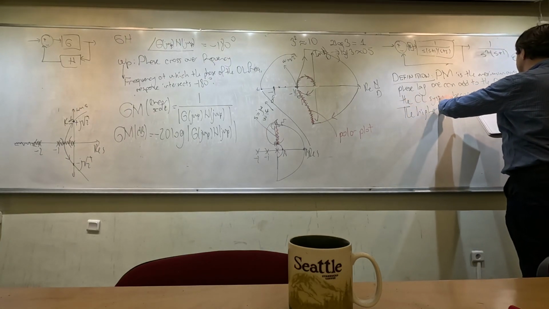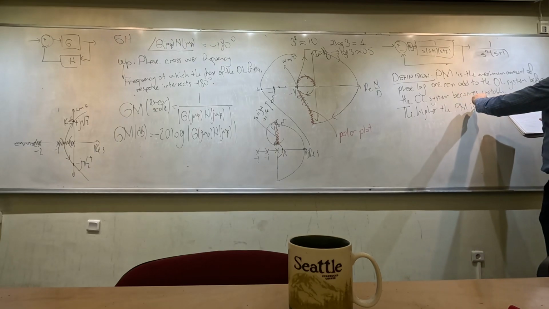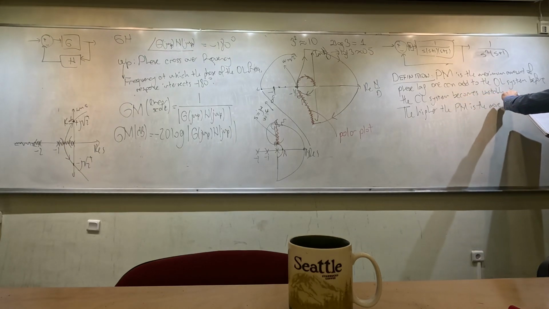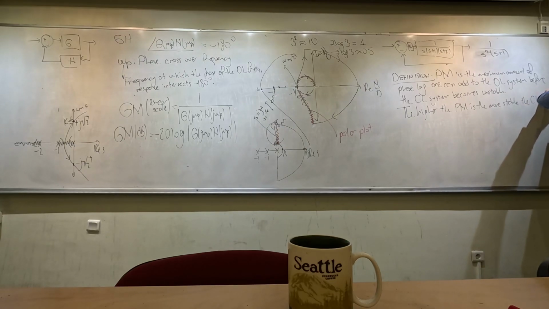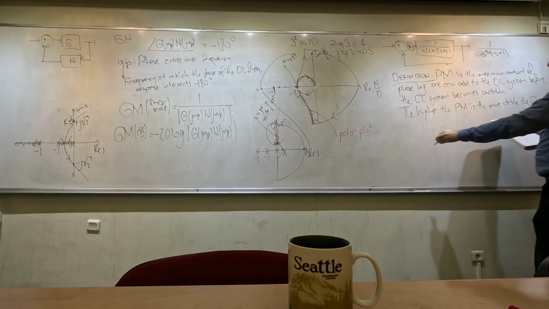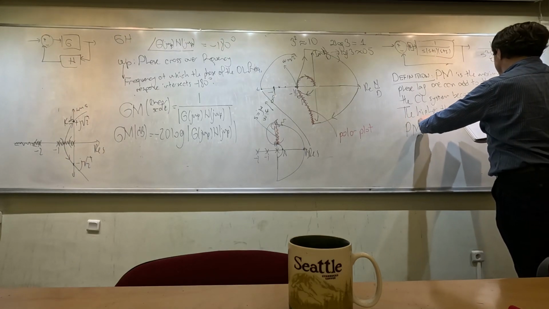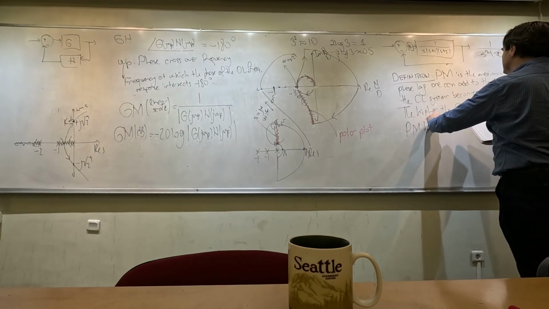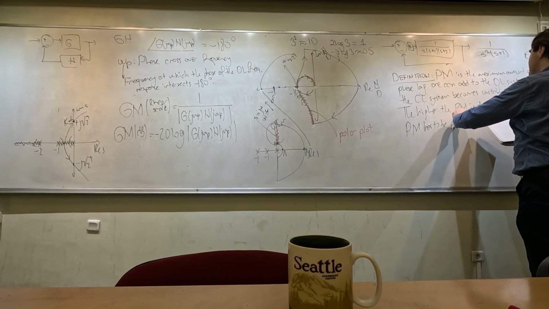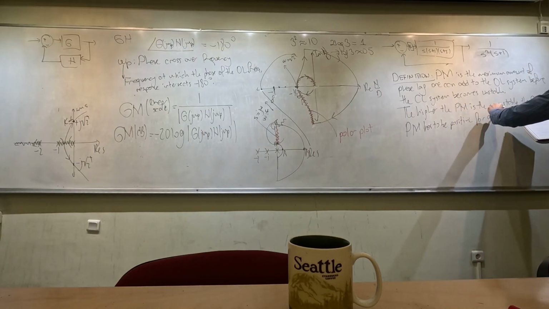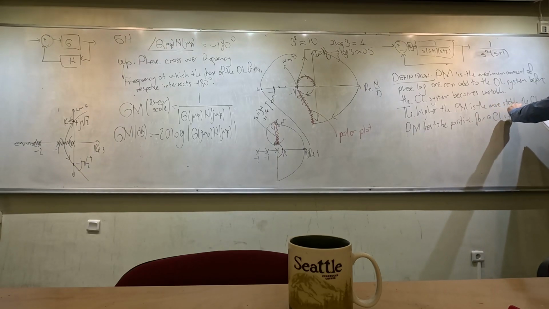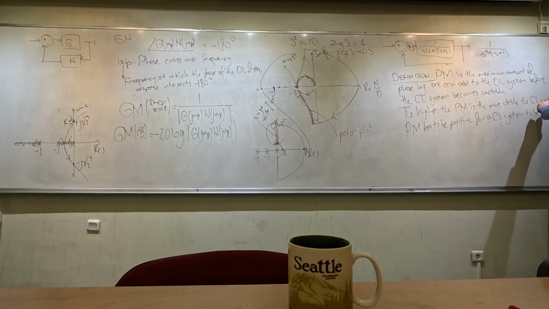The higher the phase margin is, the more stable the closed loop system is. And phase margin has to be positive for a closed loop system to be stable.